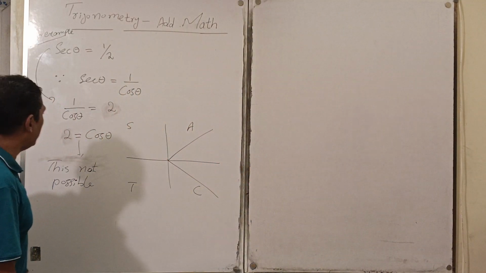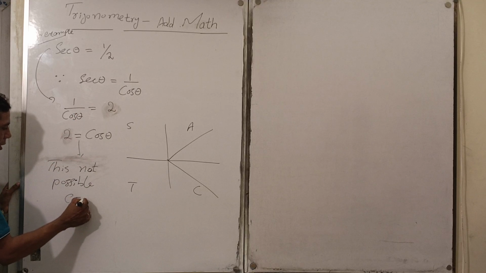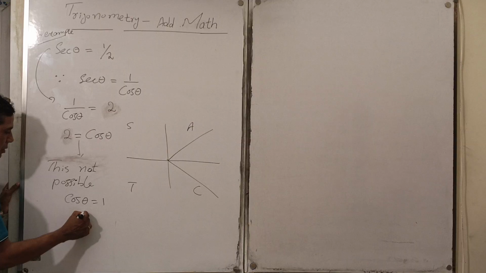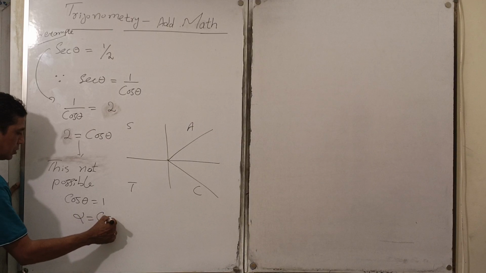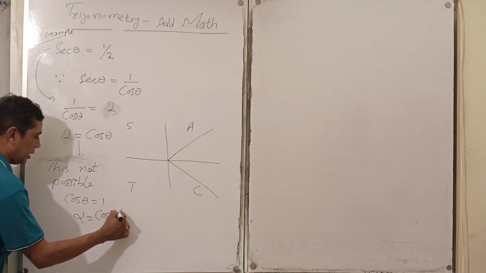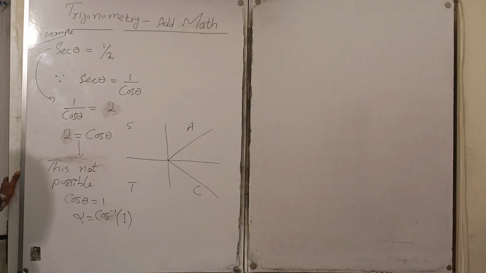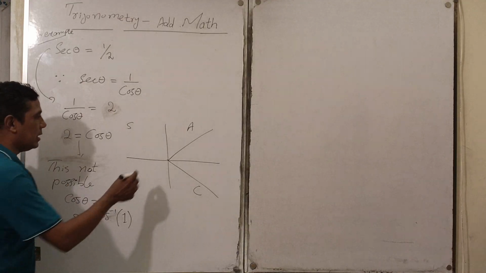Now check it. If this were 1, then cos theta equal to 1, so alpha equal to cos inverse 1, which is 0. So it is possible. Then how will we find the value of alpha?